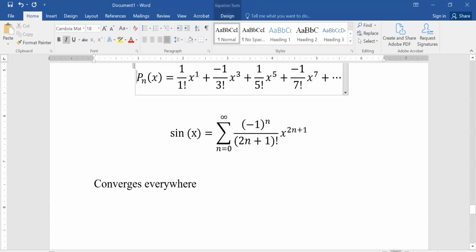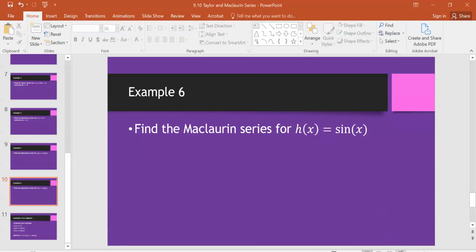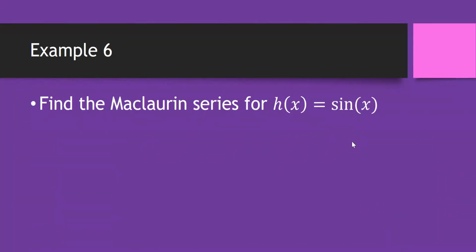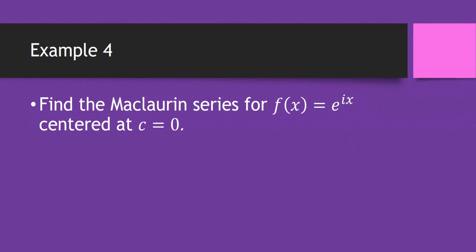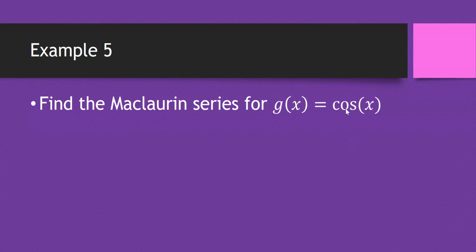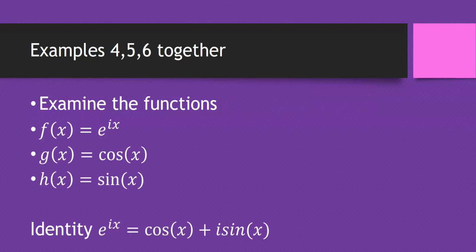Now, there's an interesting observation to make, and this is why the last 3 examples were all Maclaurin series. I wanted to center the e to the ix, the cosine x, and the sine x all in the same spot. I want you to now examine those functions, e to the ix, cosine x, and sine x.